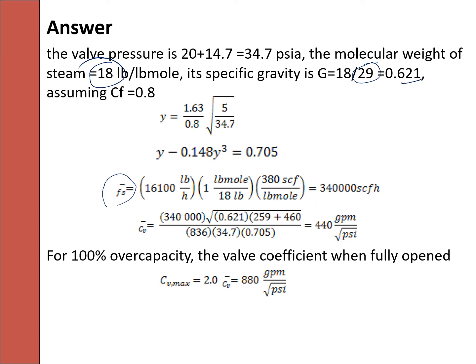We assume that CF is 0.8. We have all the values given, so we can get the value of y, and then calculate y minus 0.148 y to the power of 3. This is basically used inside the Fs formula.